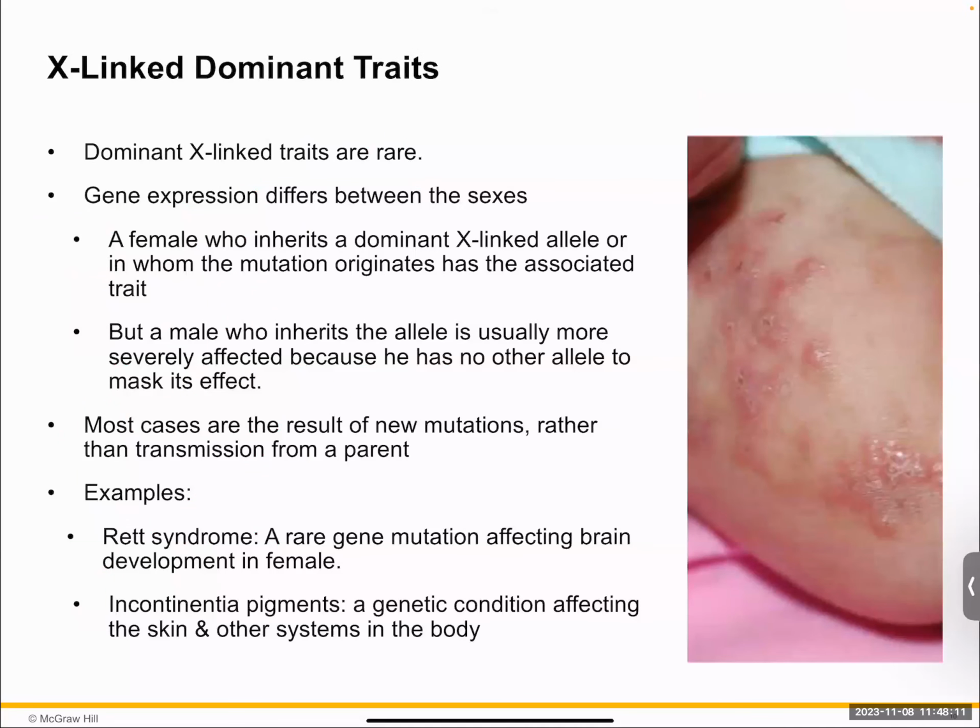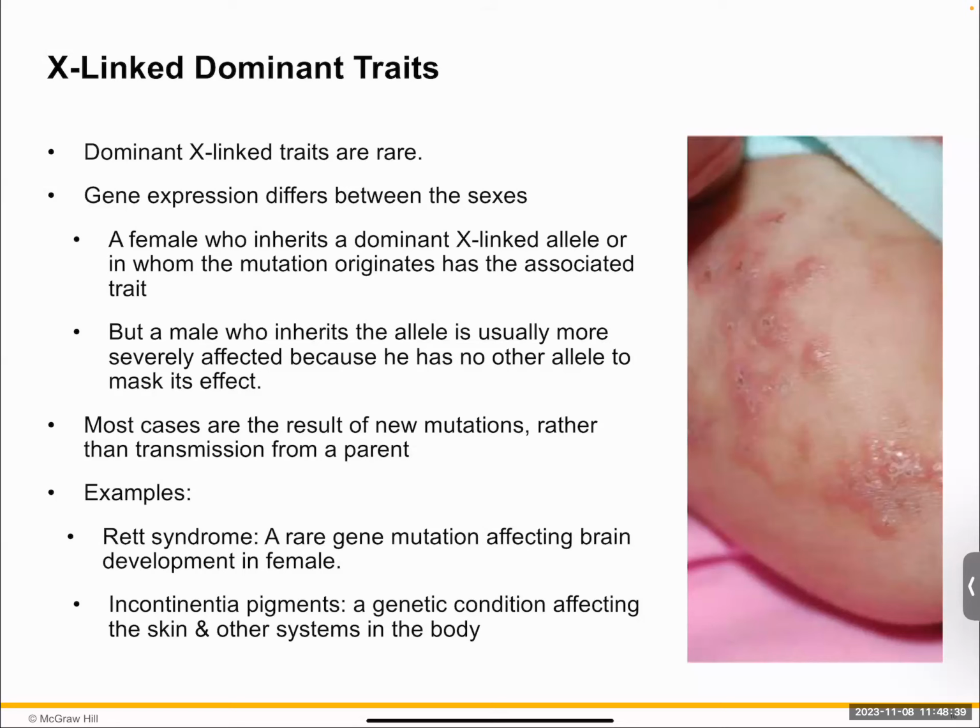Now, we talked about recessive traits, so let's talk about the dominant trait for the X-linked. X-linked dominant traits are very rare because that typically causes problems, and that mutation can cause very severe effects on the person if it is associated with disorders.